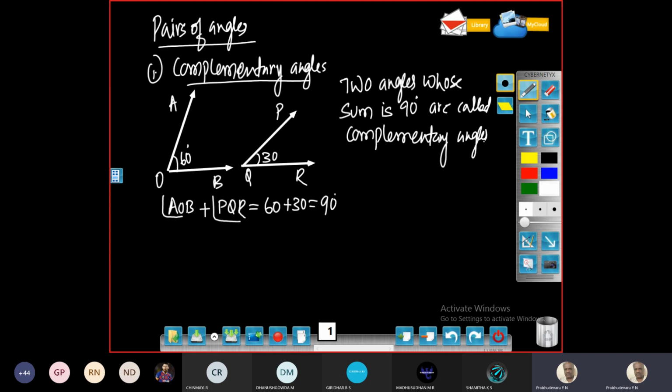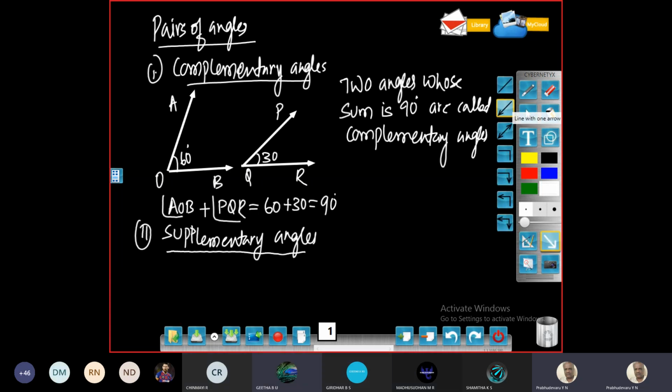The second type is supplementary angles. Tell me what are supplementary angles? If the sum of two angles is equal to 180 degrees, then they are known as supplementary angles.